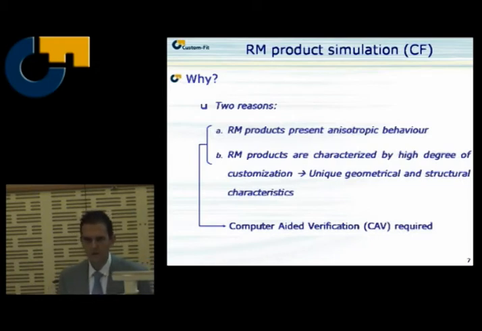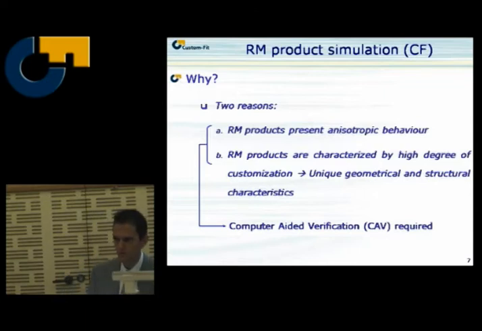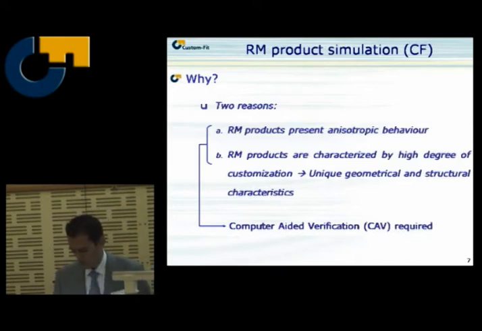Maybe a more familiar example to you is the buildings. Each building is most of the time unique, so we cannot create it in order to test it and then produce the correct building. So, for these two reasons, computer-aided verification is required.